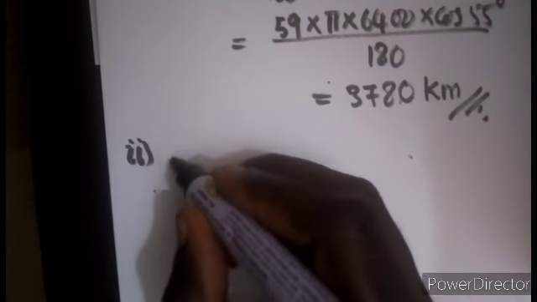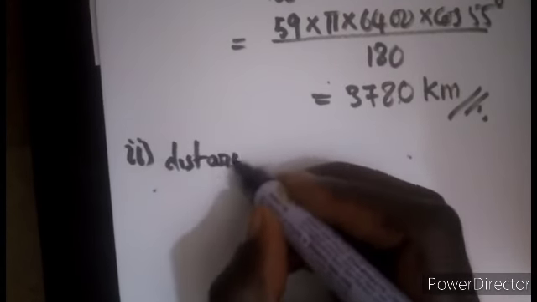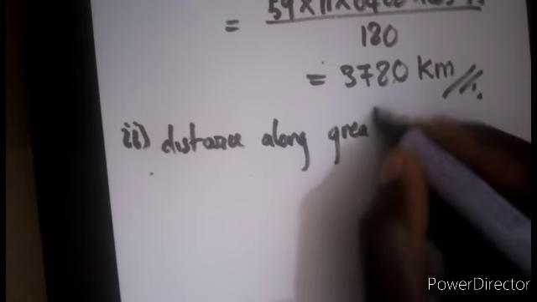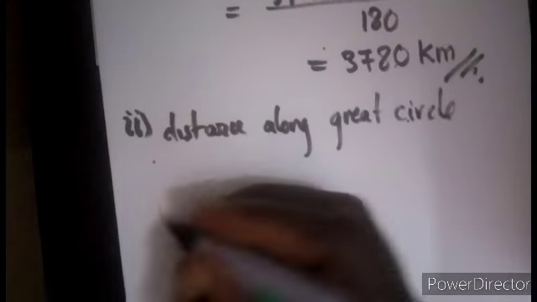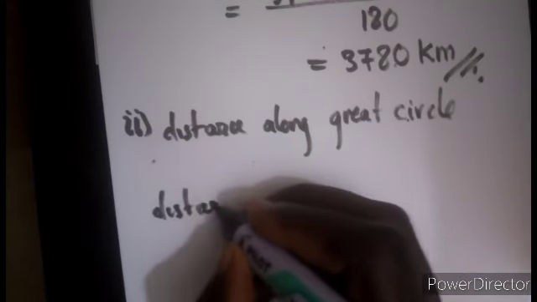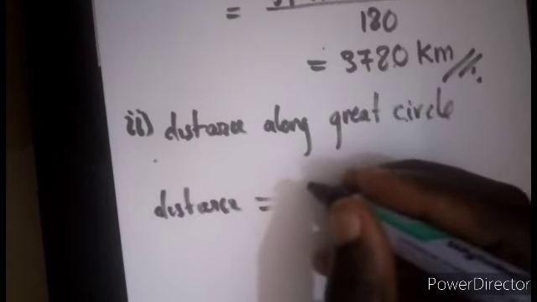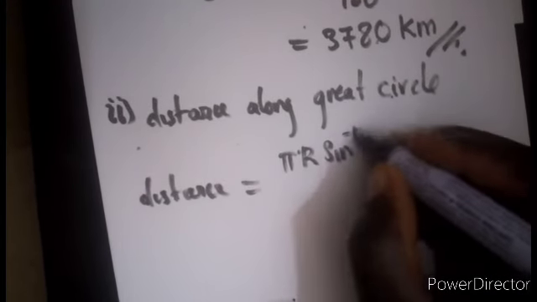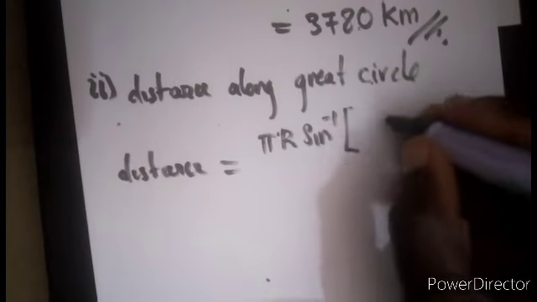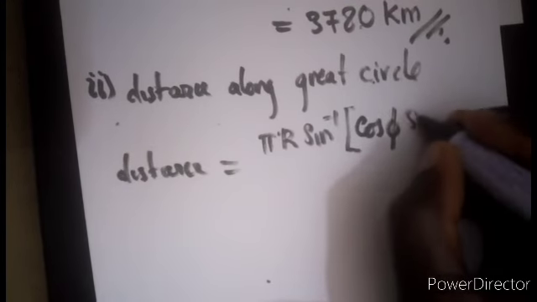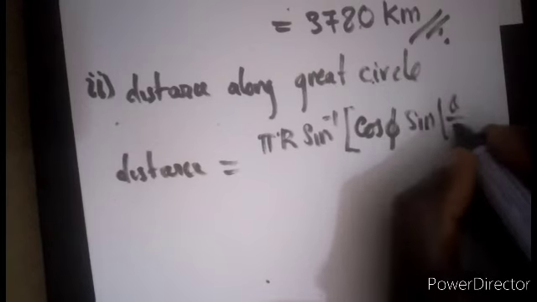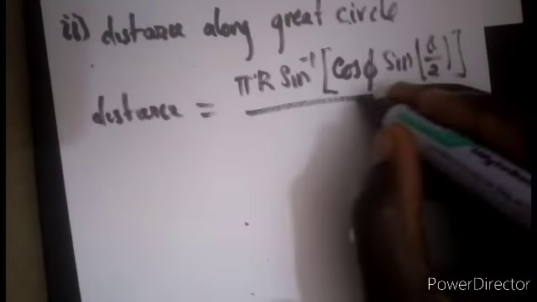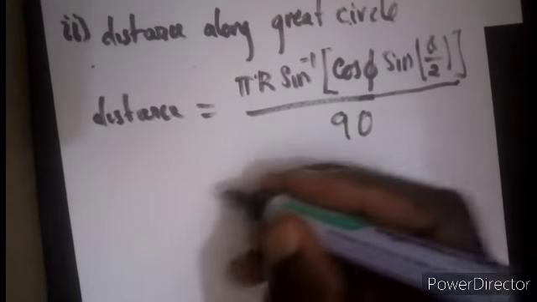Now for the distance along the great circle, the formula is: distance is equal to pi times the radius of the earth, the sine inverse of the cosine of phi, the sine of theta over 2, all this divided by 90.